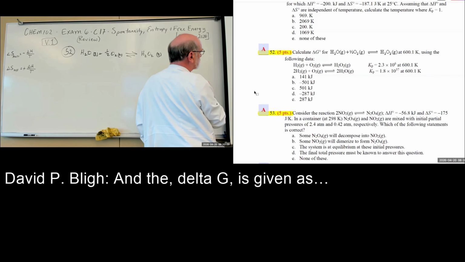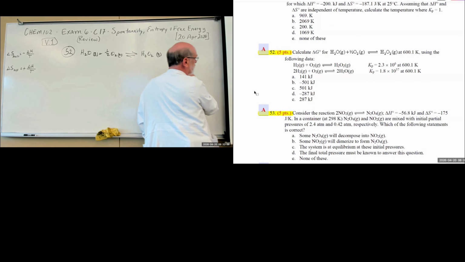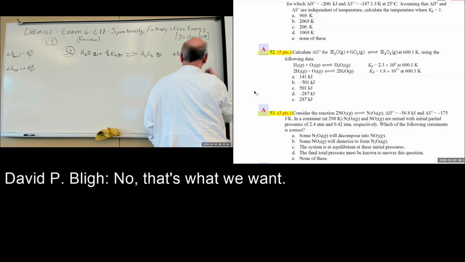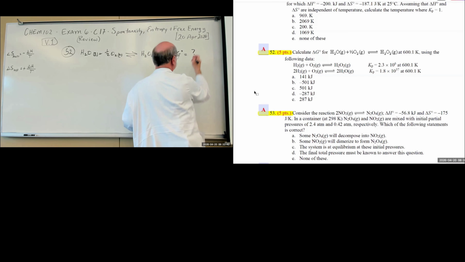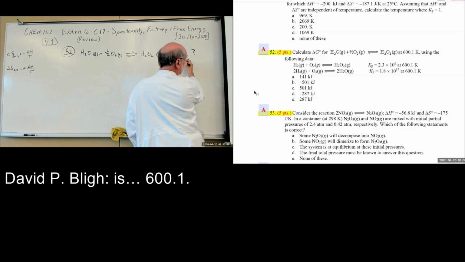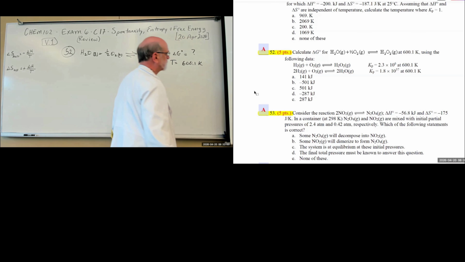And the delta G is what we want. The temperature is 600.1 K.